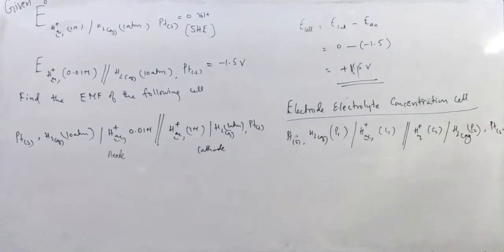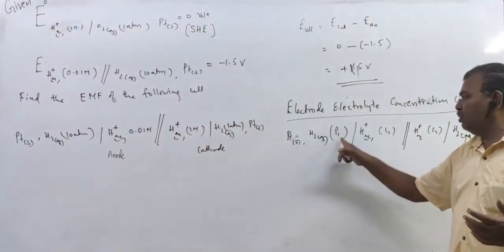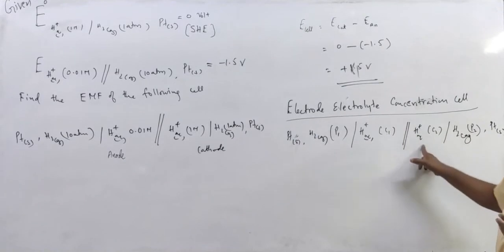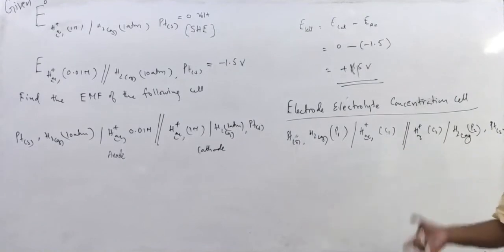So this is the general way of representing an electrode electrolyte concentration cell. Electrode active mass is different, and active masses of electrolytes in both the compartments are different. Then it is called an electrode electrolyte concentration cell.